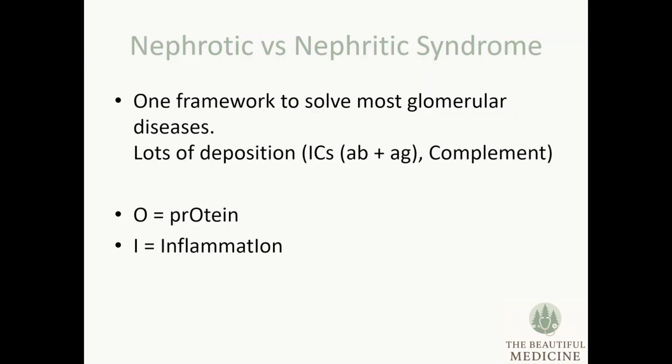So one framework to solve most glomerular diseases: nephrotic versus nephritic. Remember, all before I in this case, so protein and I for inflammation.